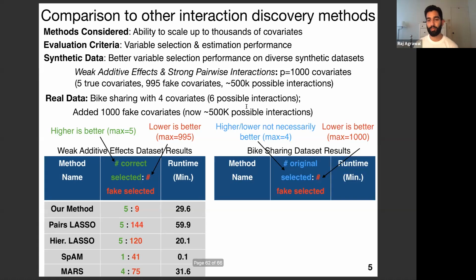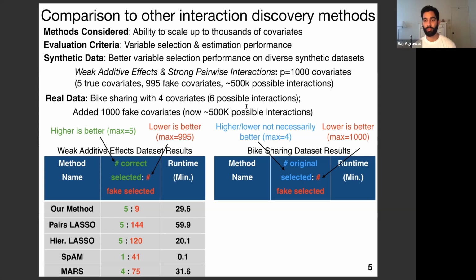So in this table here, the blue represents how many of the original 4 covariates were selected. Since we don't have ground truth effects, higher is not necessarily better, but maybe we want something non-zero so that a method's picking up something at least. But the more important number is this red, where it says that a method picked up one of these fake covariates.